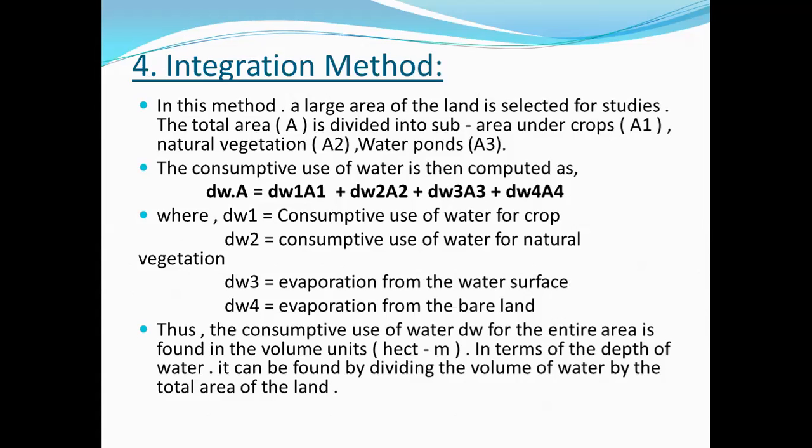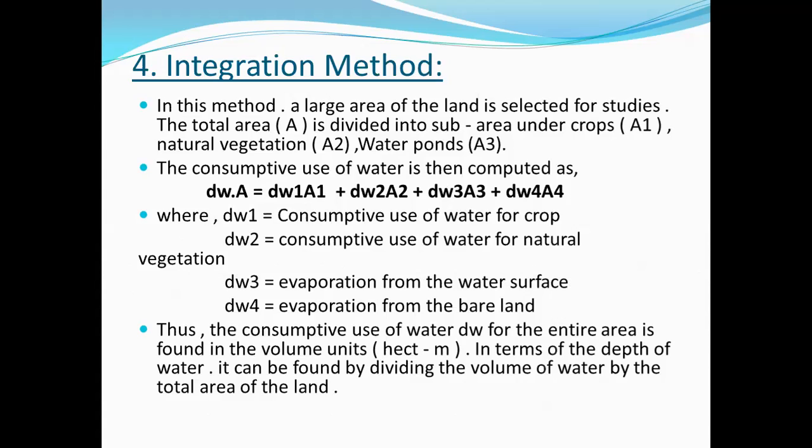So for finding consumptive use of water with the integration method, the equation is dW, the consumptive use, equal to the volume of water, dW1 multiplied by A1 plus dW2 multiplied by A2 plus dW3 multiplied by A3 plus dW4 multiplied by A4, divided by the total area of land.